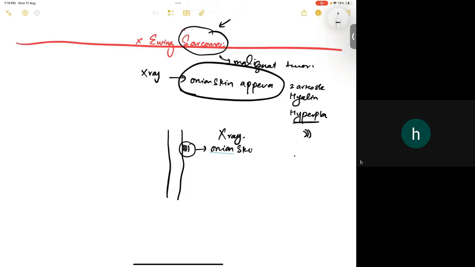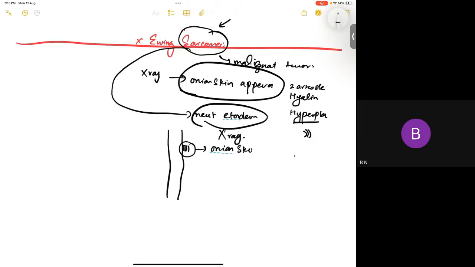And the malignant tumor occurring in Ewing sarcoma is going to be a derivative of what? What do you guys think? Which cells are they going to be in nature? Neuroendocrine cells. They're going to be neuroectoderm, ectoderm in nature. Did you guys remember the neural ectoderm? 3 layers: ectoderm, mesoderm, endoderm.